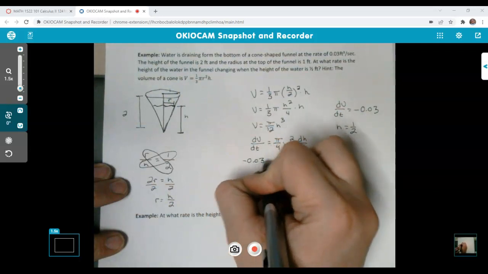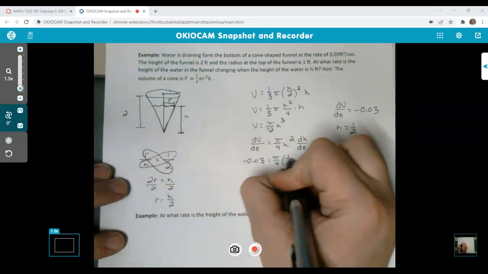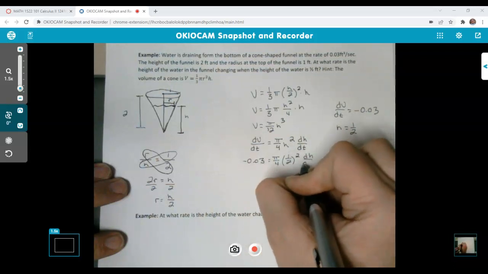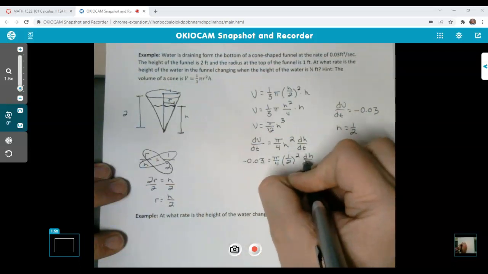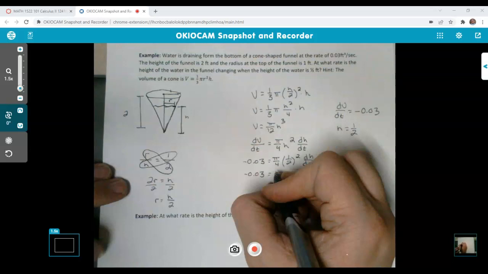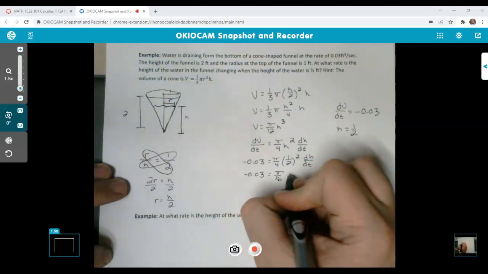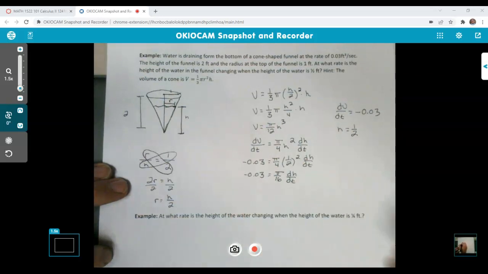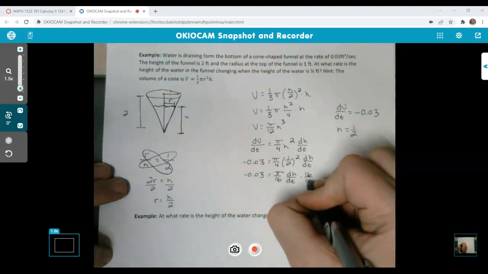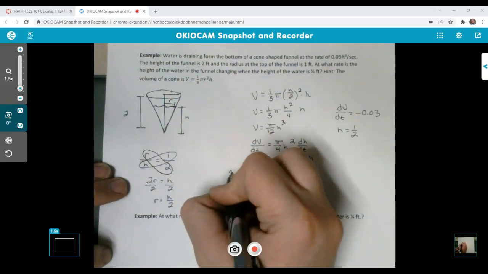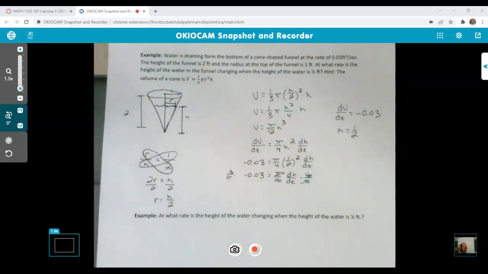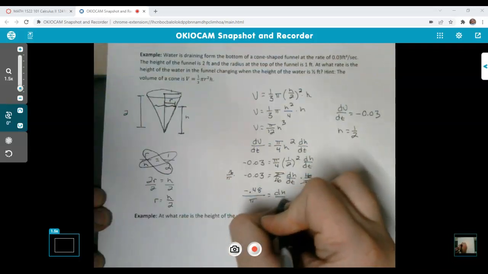Negative 0.03 equals pi over 4 times 1/2 squared dh dt. 1/2 squared is 1 over 4. 1 over 4 times pi over 4 is pi over 16 times dh dt. So to get dh dt, we just need to multiply by 16 over pi. Negative 0.03 times 16 is negative 0.48. So that's negative 0.48 over pi is dh dt.